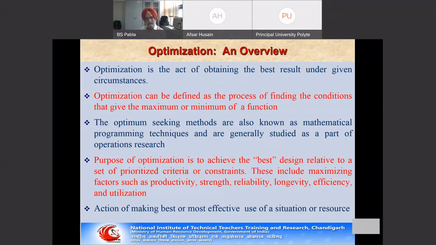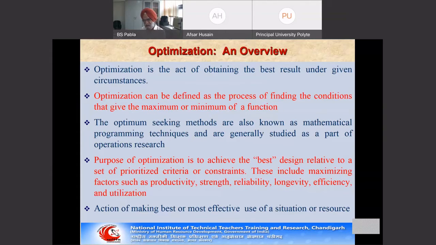So the purpose of optimization is to achieve the best design relative to a set of prioritized criteria or constraints. These include maximizing factors such as productivity, strength, reliability, longevity, efficiency, and utilization. It is the action of making the best or most effective use of a situation or resource.